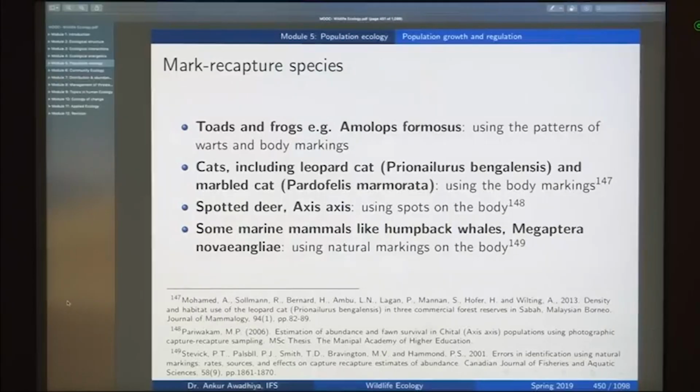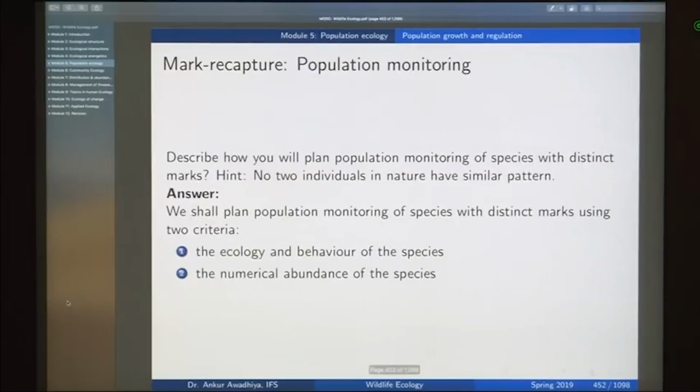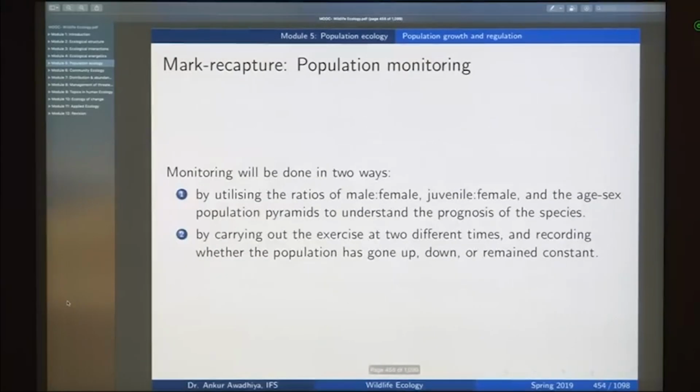Even some toads, frogs, spotted deer, they all have different markings on their body, and even reptiles such as crocodiles and snakes, some of them may also have different body patterns. So, we can make use of them in the monitoring of these population sizes.